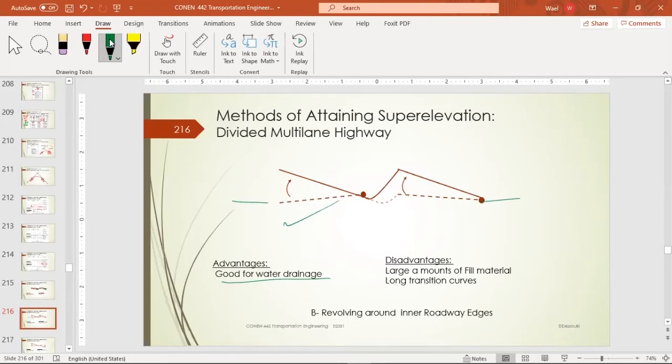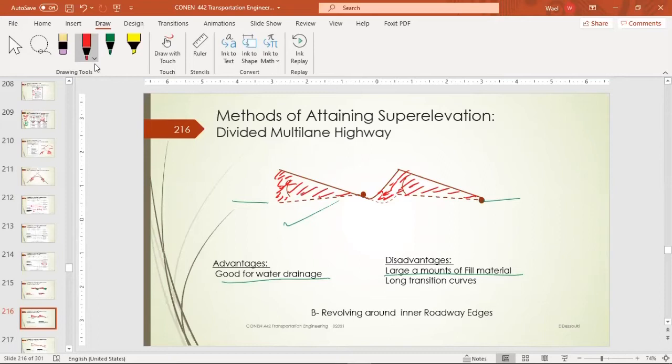The disadvantage of this strategy is that we need large amounts of filling material, because in this area we need to add this fill. We're going to transport fill, and the problem is not just in that. Basically, this will need very careful compaction to make sure that it's not going to settle after construction.